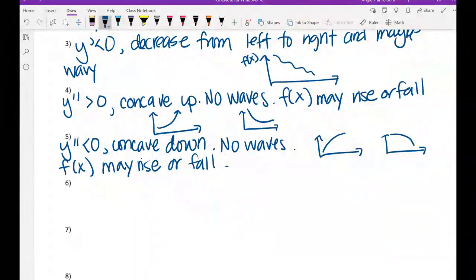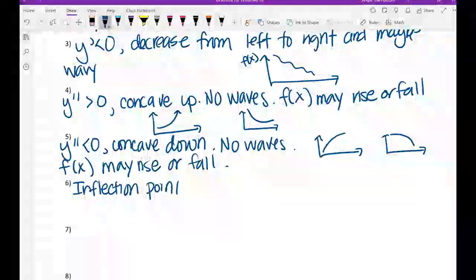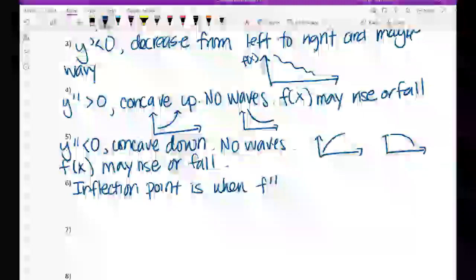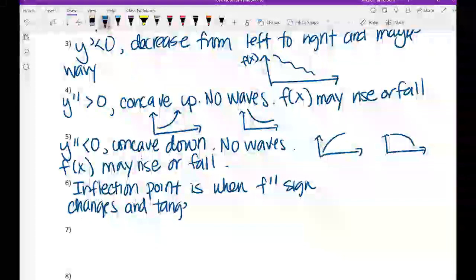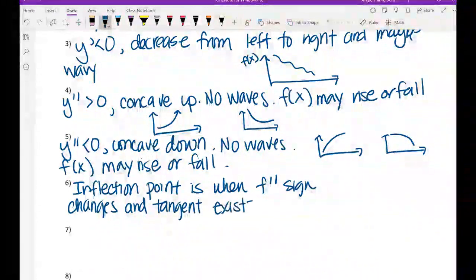Now 6 is your inflection point, which also deals with the double derivative. An inflection point is when the double derivative changes sign, and remember, the tangent exists, because the first derivative must exist.